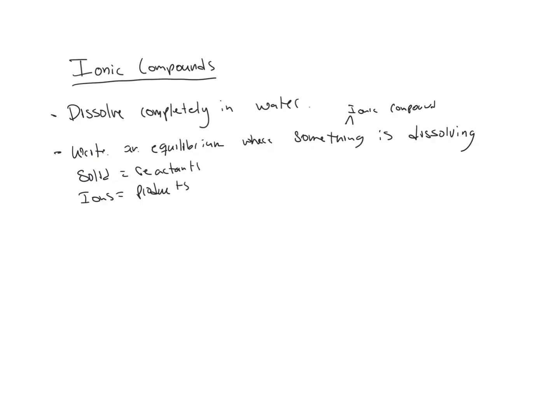So if I have the equilibrium of some sort of a solid AB, this is an ionic compound, that's an equilibrium with A+ aqueous and B- aqueous.